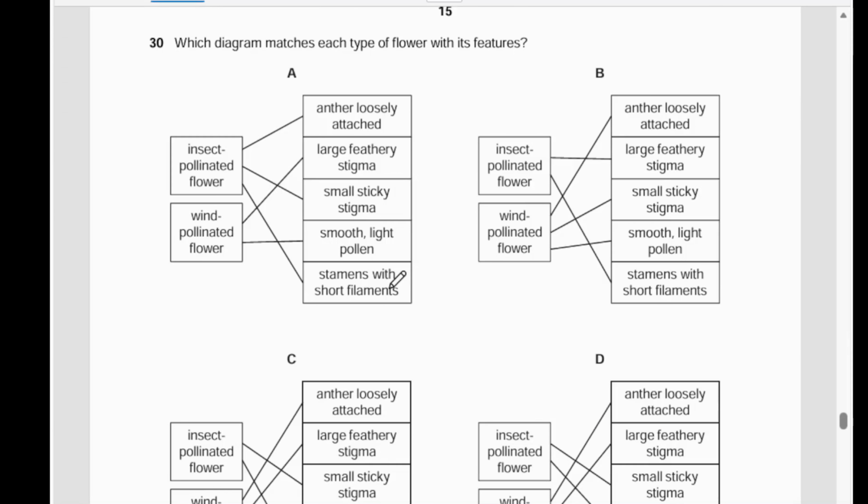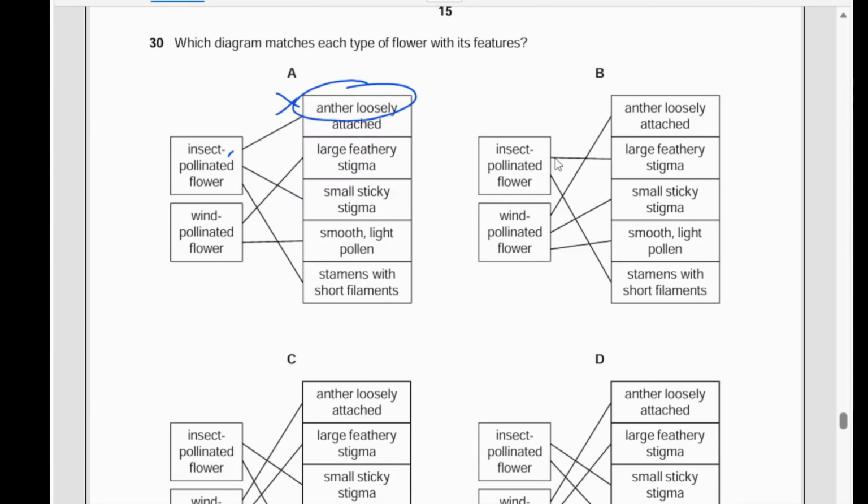Let's see. Insect pollinated has anther loosely attached. No, the first one is incorrect itself. That is not insect pollinated. Okay, insect pollinated has large feathery stigma. No. Insect pollinated has small sticky stigma. Yes. Okay, let's focus on this one first. Then it has stamen with short filament.